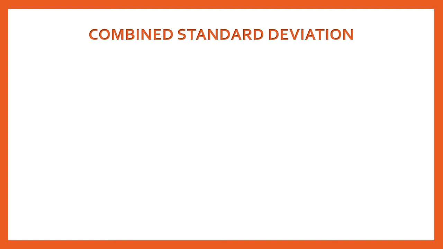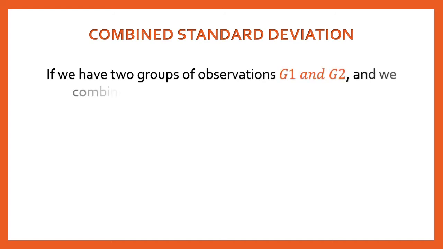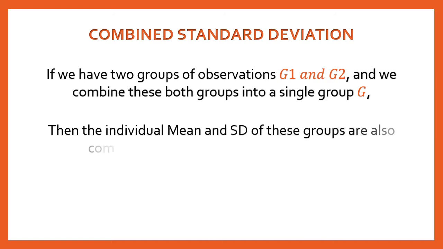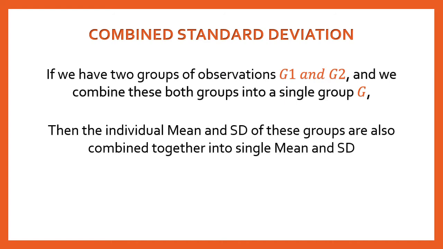What if we have two separate groups of observations and we have the standard deviations, and now I want to calculate the combined standard deviation for the combined group. So for that purpose, we need to understand the concept here. If we have two groups of observations G1 and G2, that's group 1 and group 2, and we combine both groups into a single group named G, then the individual mean and SD of these groups are also combined together into a single mean and SD.